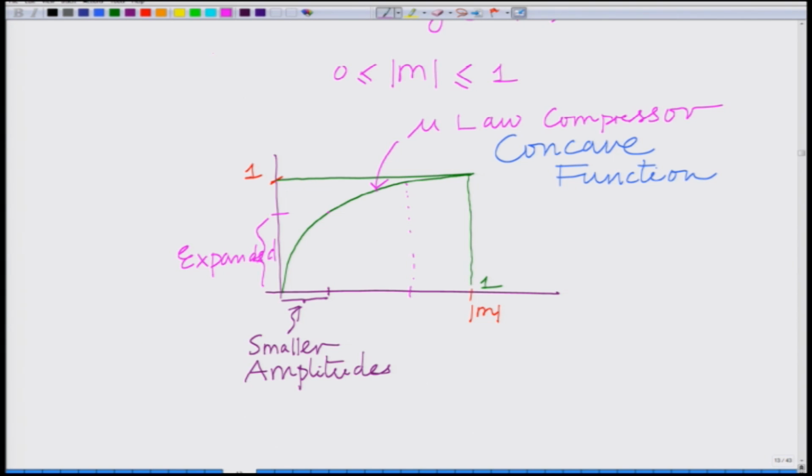amplitude. So, this is the region corresponding to the smaller amplitude which is expanded, and this is the region corresponding to the larger amplitudes. This entire region is mapped to this small region.